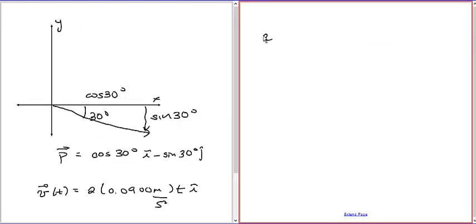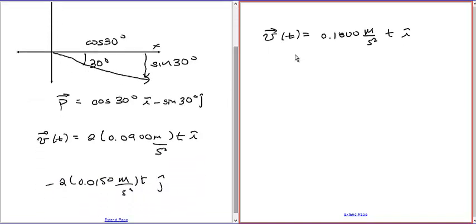So our velocity vector as a function of time is equal to 0.1800 meters per second squared t times i minus 0.0300 meters per second squared times t j.